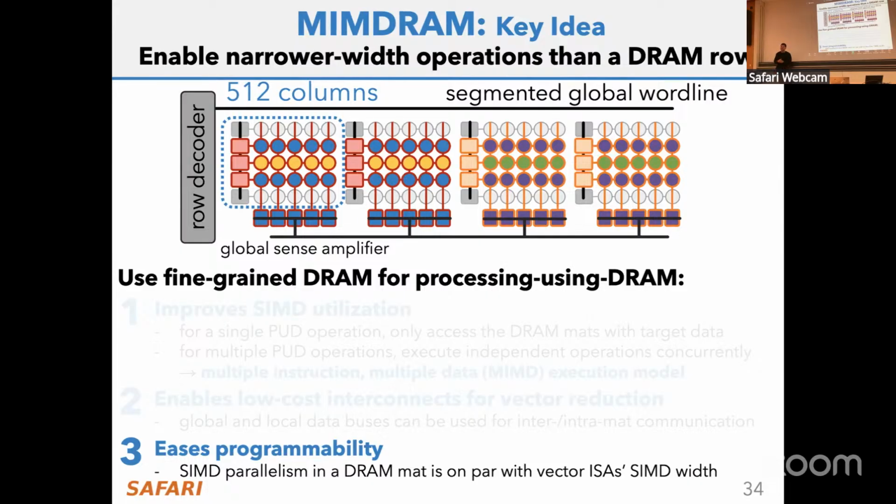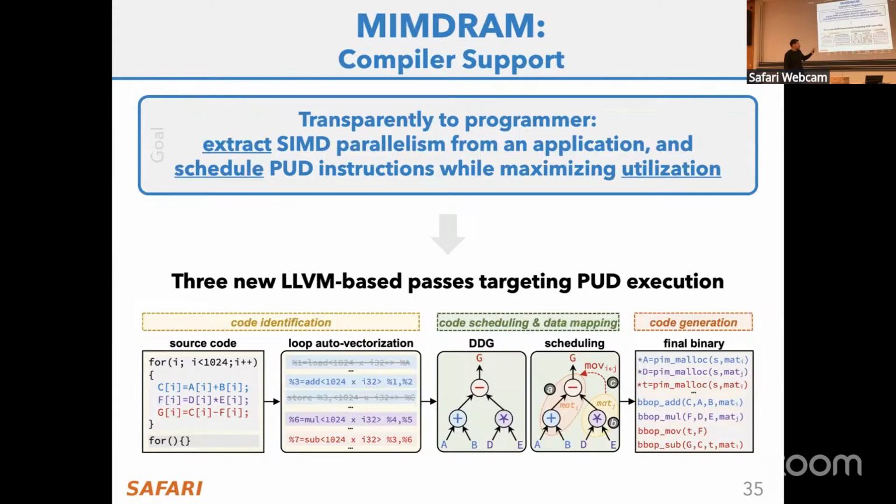Intel has, for example, AVX-512 instructions. We can take not necessarily exactly those instructions, but the infrastructure built around them to generate code for this DRAM substrate as well, using compilation transformations that we implement in this work.